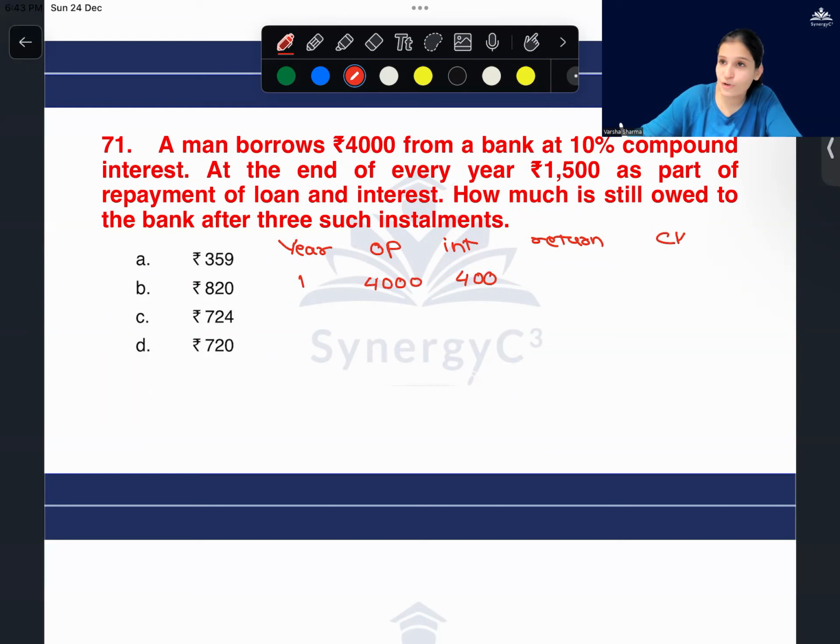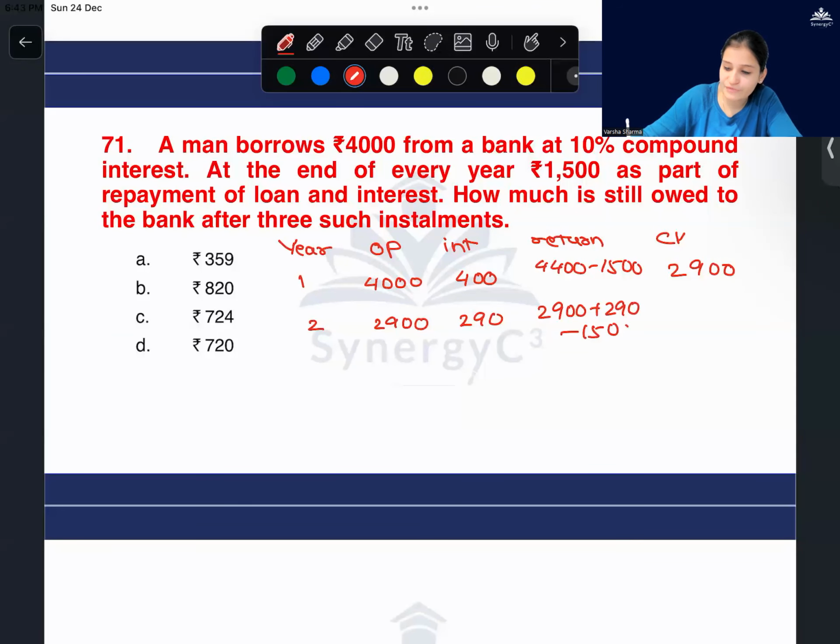Yes, so that becomes 4,400. Returning how much? 1,500. Left 2,900. Second year, opening with 2,900. Interest 10%. What is 10%? 290. So 2,900 plus 290 is my amount, and I'm paying back 1,500. So I'm left with how much?